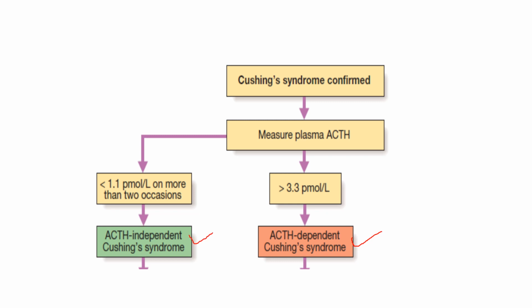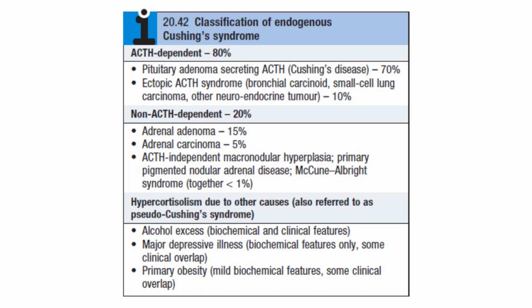But remember, ACTH alone may not be the answer; many times you will have an intermediate value between 3.3 and 1.1. So in the era of imaging, we use imaging to identify it. So we know that ACTH dependent are these and non-ACTH dependent are these.